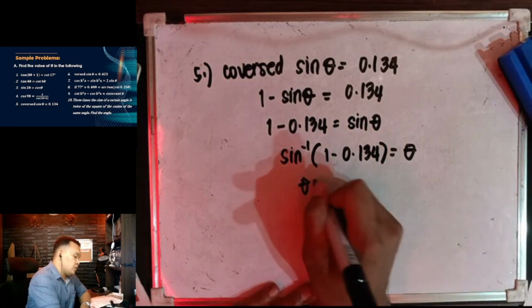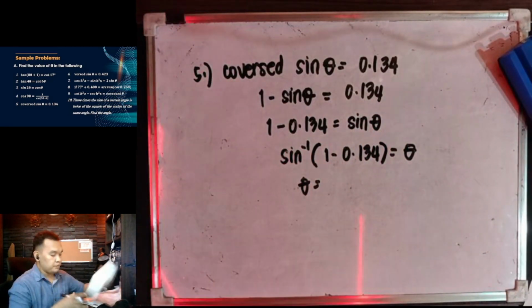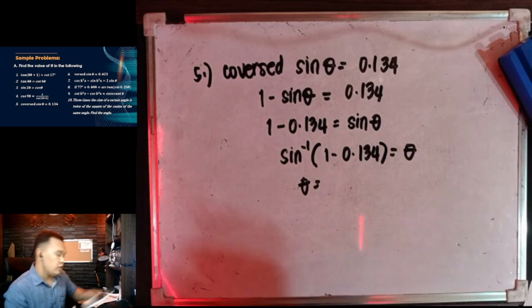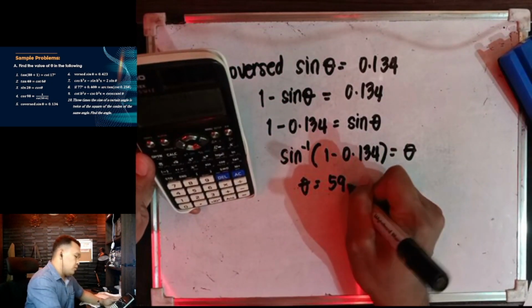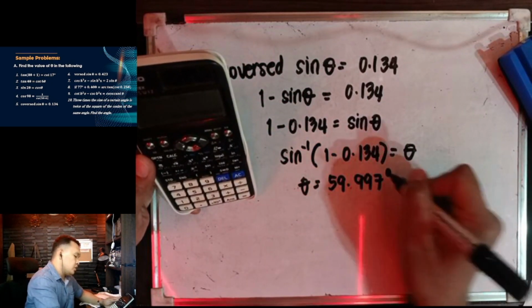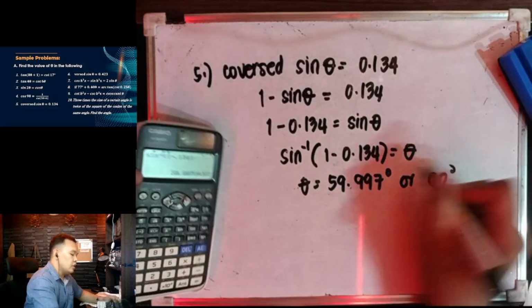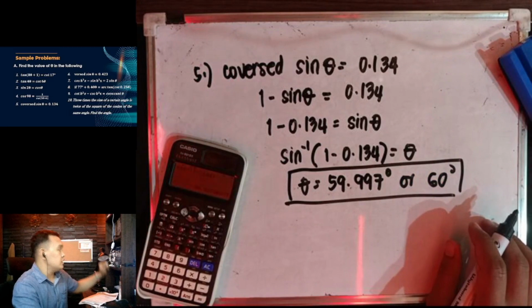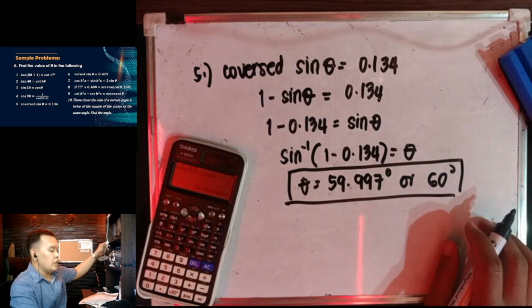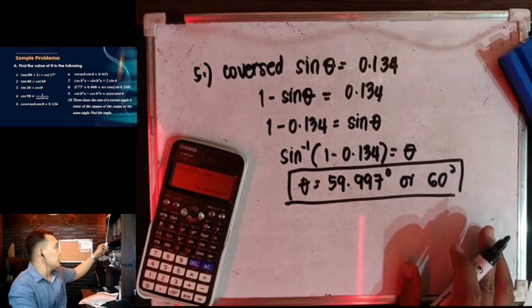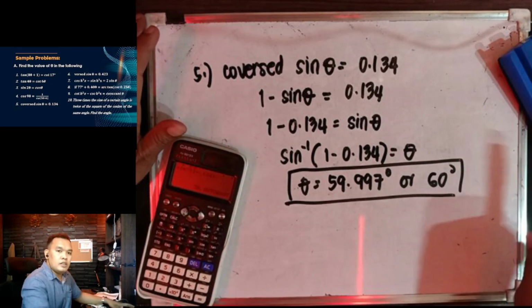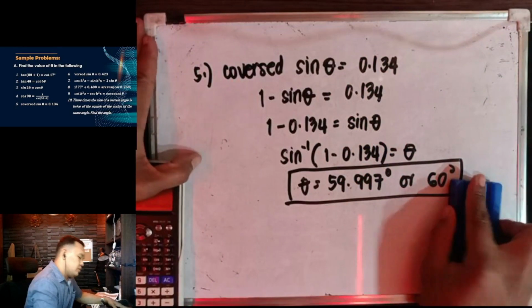Therefore, theta is equivalent kay arc sine of 1 minus 0.134. We have here 59.997 degrees or 60 degrees. Yan po yung value ng theta dyan sa ating covers sine theta equal to 0.134. Okay?